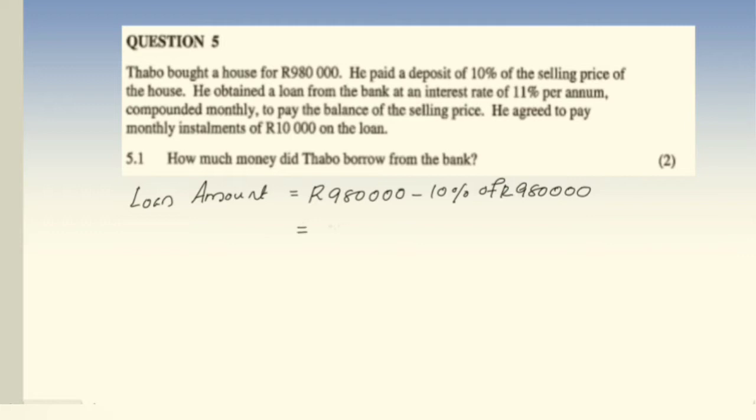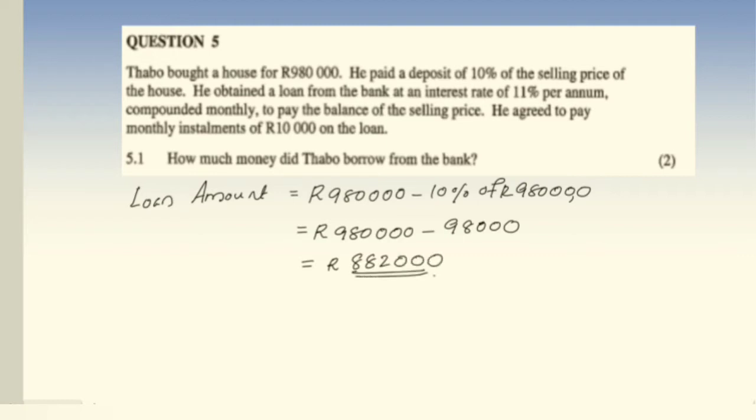So it's going to be R980,000 minus 10% of 980,000, which is, just put one decimal here, 98,000. It's clear. When you subtract, you will get the answer. It's going to be 882,000. This is the answer.